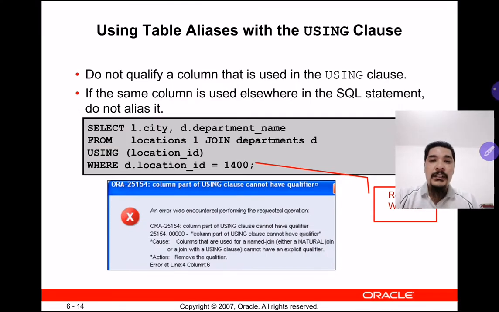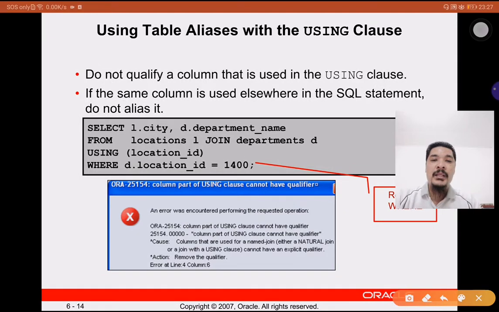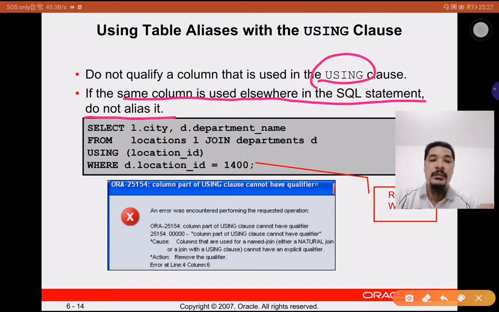Okay, using table aliases with the using clause. Do not qualify a column that is used in the using clause. If the same column is used elsewhere in the SQL statement, do not alias it. So please make sure, if the same column is used elsewhere in the SQL statement, do not alias it. Do not qualify a column that is used in the using clause, otherwise it will create an error.